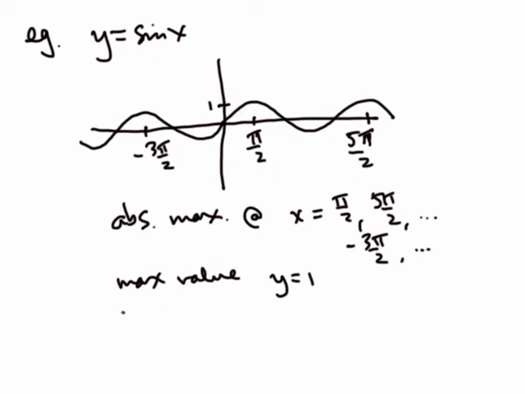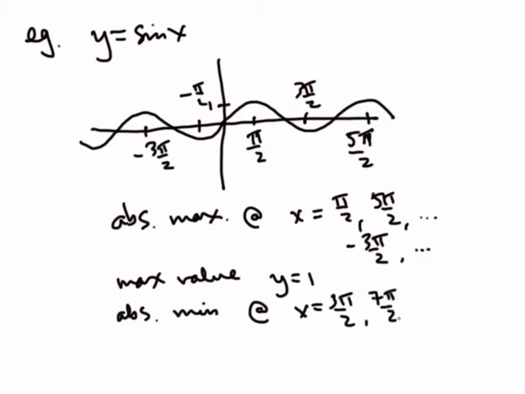Now if I ask, what about an absolute minimum? Where do those occur? As before, there's an infinite number of those as well. One of those is happening here at 3 pi over 2, another one is happening at negative pi over 2, so we have a number of these. Next one's actually going to be 7 pi over 2.